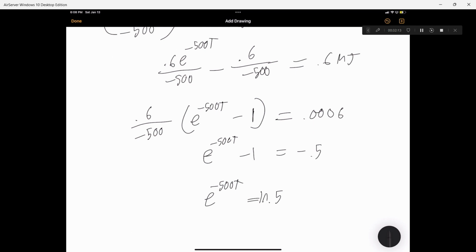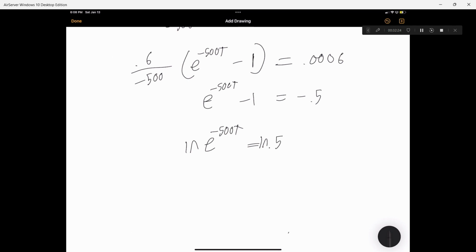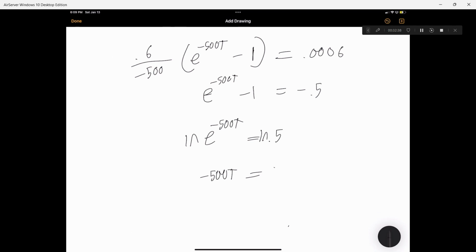Grab the natural log of both sides, right? Natural log of 0.5. Negative 500 t is equal to that number divided by negative 500. And we'll say natural log of 0.5 divided by negative 500 is equal to t.